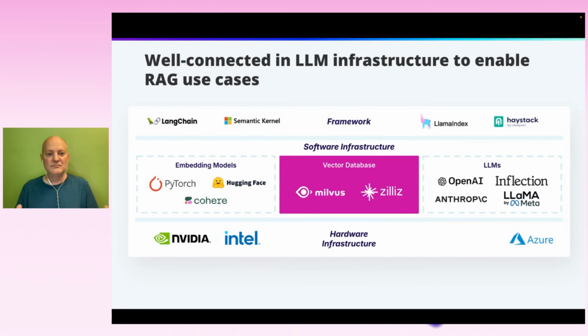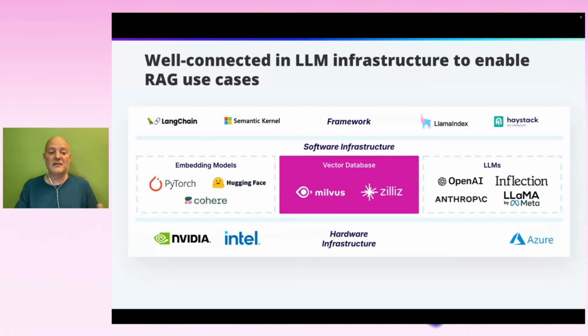Now, as an infrastructure out there, there's a ton of things with large language models. It's more than just, I need a vector database. I need all the different frameworks out there, which could be Semantic Kernel or LangChain or LlamaIndex. I need different embedding models.